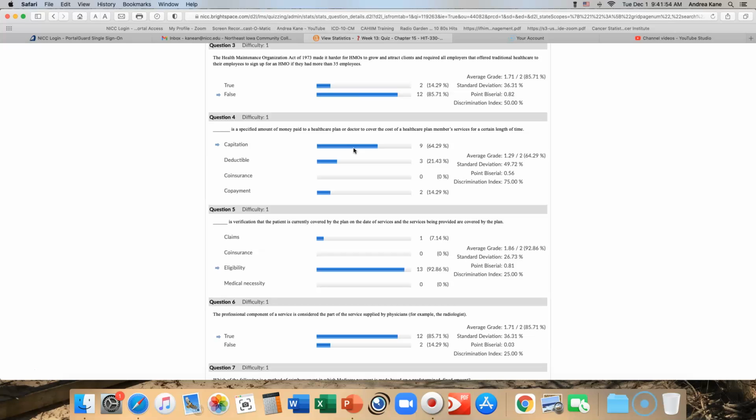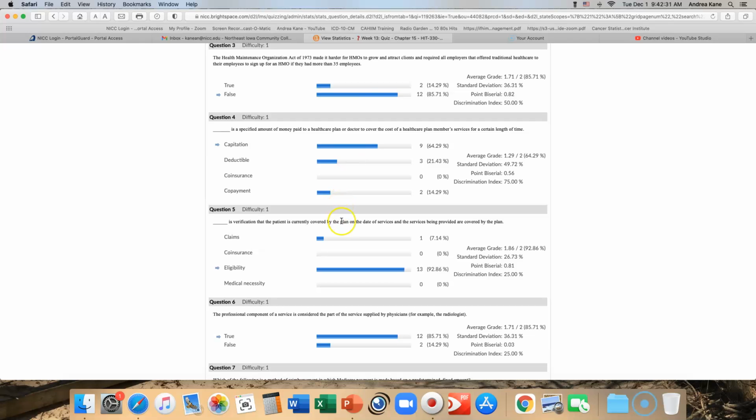Capitation is a specified amount of money paid to a health plan or physician to cover the cost of a health plan member's services for a certain length of time. That was on page 492. So capitation is one of those types of reimbursement, a type of reimbursement methodology, and unfortunately it's here to stay with us, so you really need to know that one.